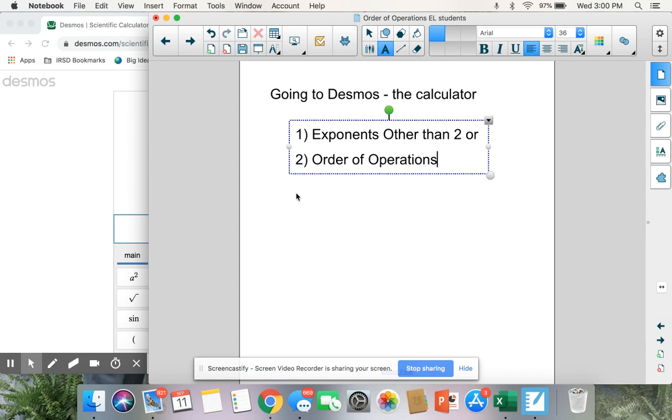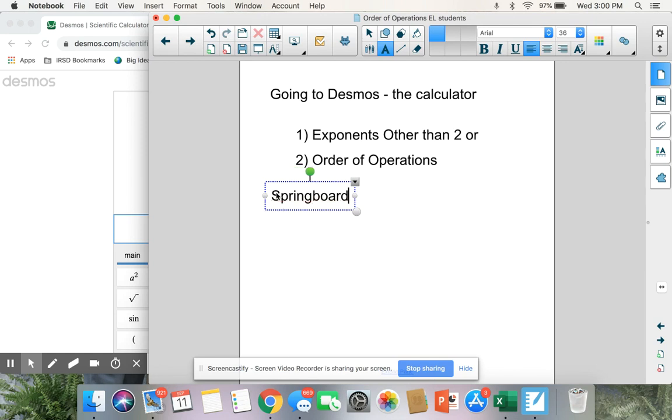Okay, we are going to be in Springboard, and we are going to be at activity 3.1, which starts on page number 41. So go ahead and get yourself set up. The other thing that you're going to need is Desmos, the calculator on the Chromebook.